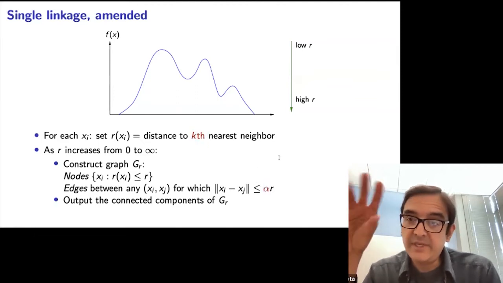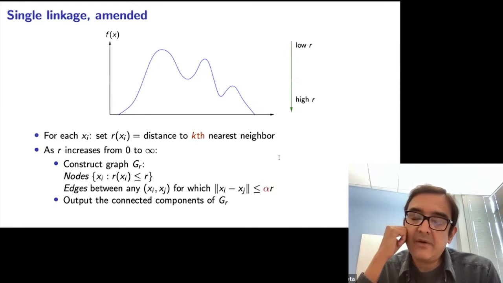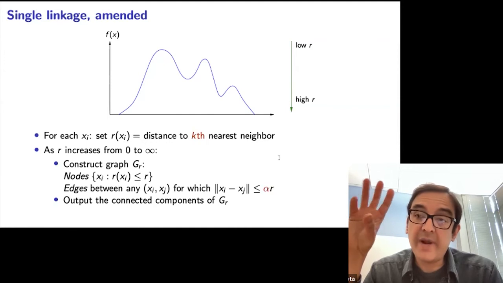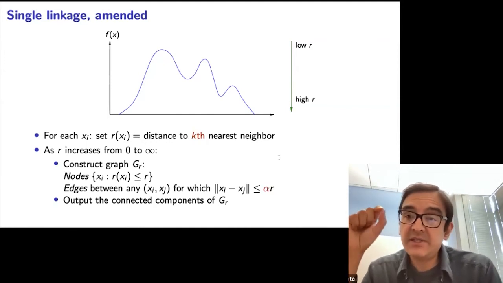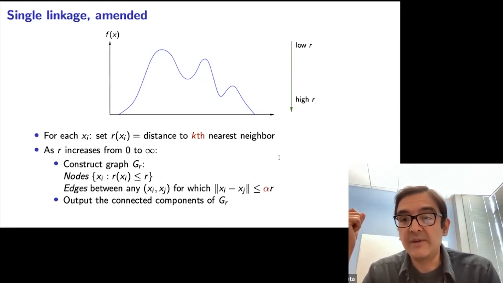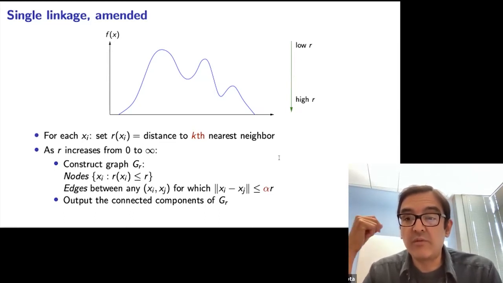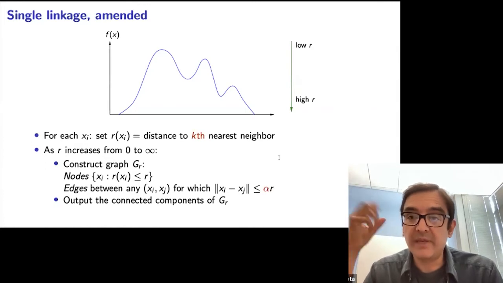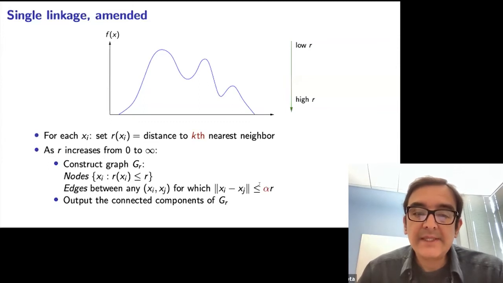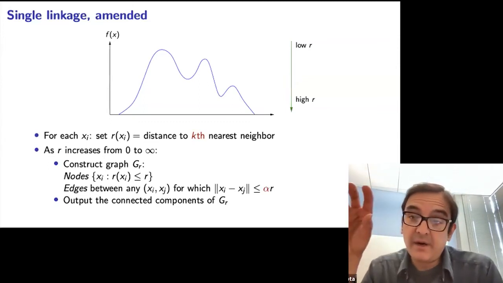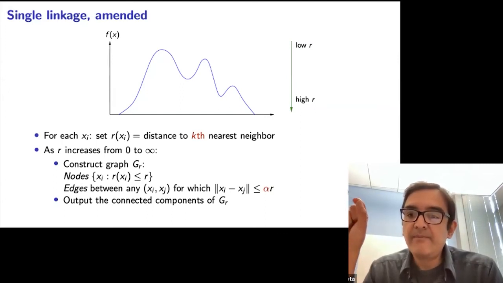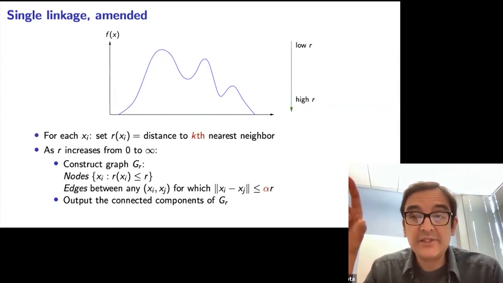So again, we keep turning the knob, but now a point xi becomes active at a radius that is not the distance to its nearest neighbor, but the distance to its kth nearest neighbor. And this is basically a form of robustness. It makes the whole thing more robust. And the second thing is that when the knob is at R, we don't just join together points at distance R, but we also allow slightly larger distances.